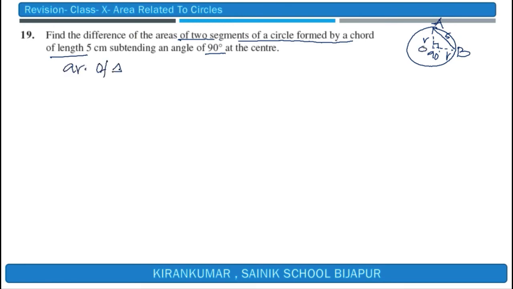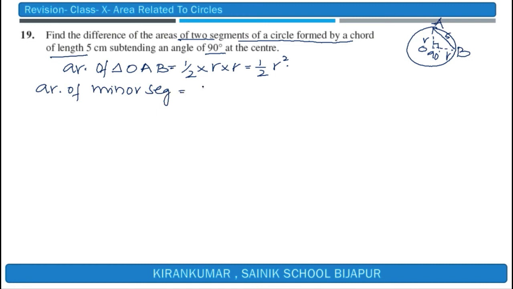Area of triangle OAB will be equal to half into base r into height also r. This is equal to half r square. So the area of the minor segment will be equal to area of sector minus area of triangle.